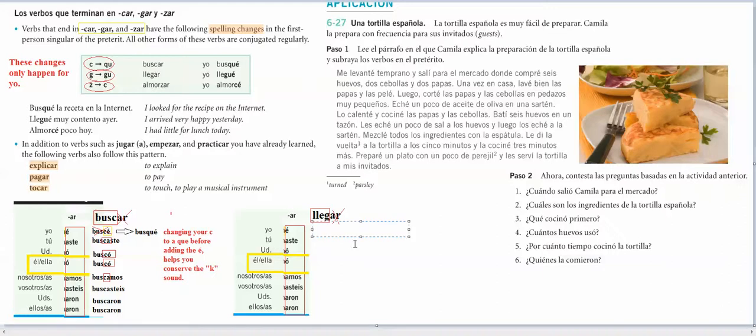I would keep that throughout when I'm conjugating, and I'm supposed to add an E here, and then ASTE, and then an O, and then AMOS, and ASTEIS, and then ARON.